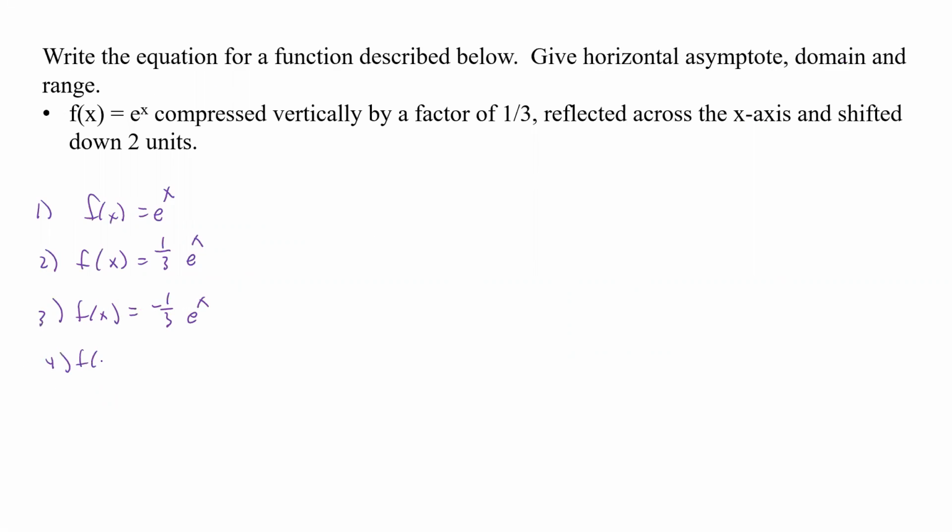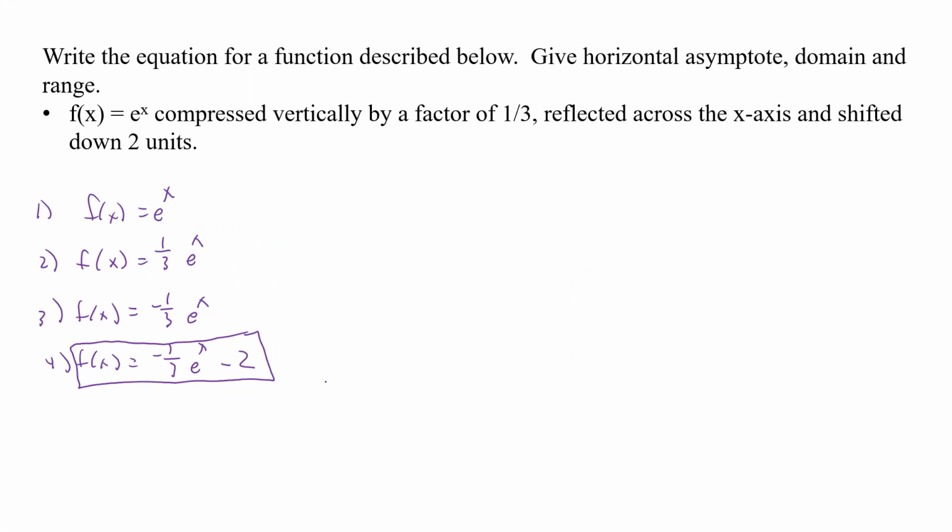All right, so that's f of x equals -1/3 e to the x, down 2 units, -2. Okay, so that is the final thing. And I just kind of did it step by step by step so I could follow along what we were doing as we went down. Okay. And so that would be my final graph.